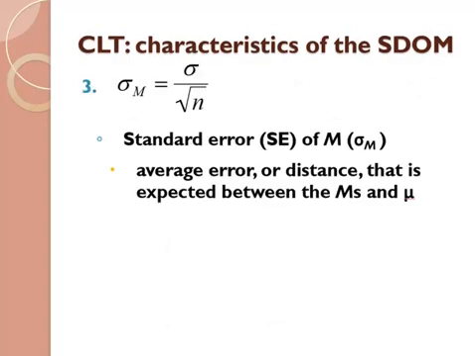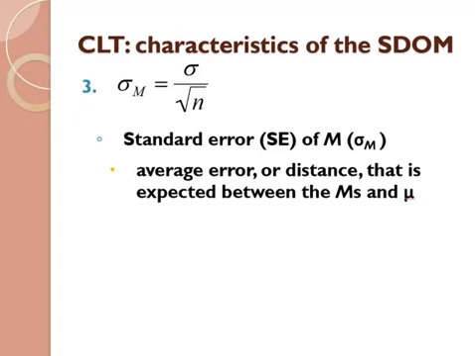Now, because we're dealing with a sample of sample means of some size, meaning that we're now dealing not with just a single score, but some number of scores that are taken from a sample and averaged together, we can now calculate the distance that's expected between our sampling means and the population mean.